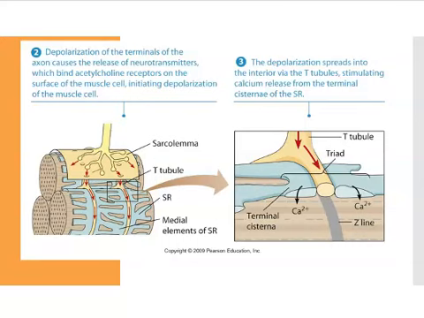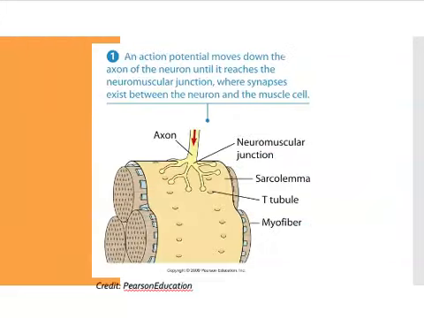Now, there's one other structure that I haven't mentioned yet that I want us to be familiar with. It's a term that is often confused with neuromuscular junction. And that term is motor end plate. Remember, we said the neuromuscular junction is a specialized synapse.